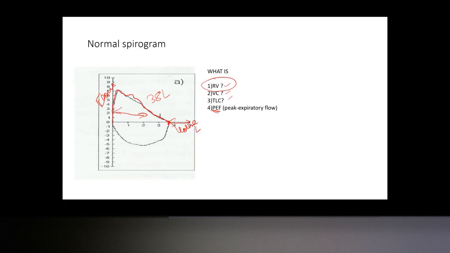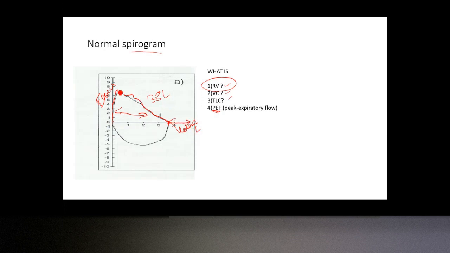So we cannot measure it. Exactly. So this is just to understand the graph, right? Actually, you're right. You cannot measure it as long as you don't know the total lung capacity. But to understand the graph, and to understand how we actually differentiate between restrictive and obstructive, we need to understand how those static values are connected to this graph.